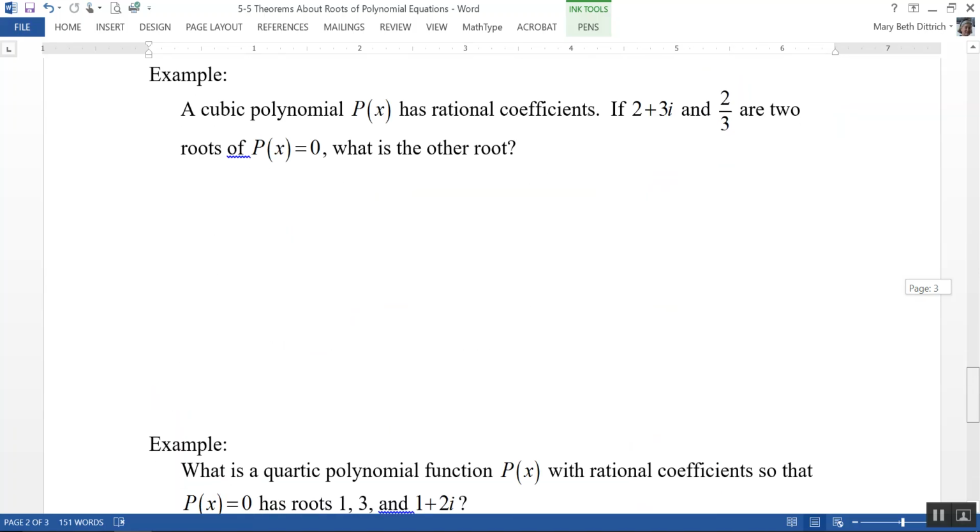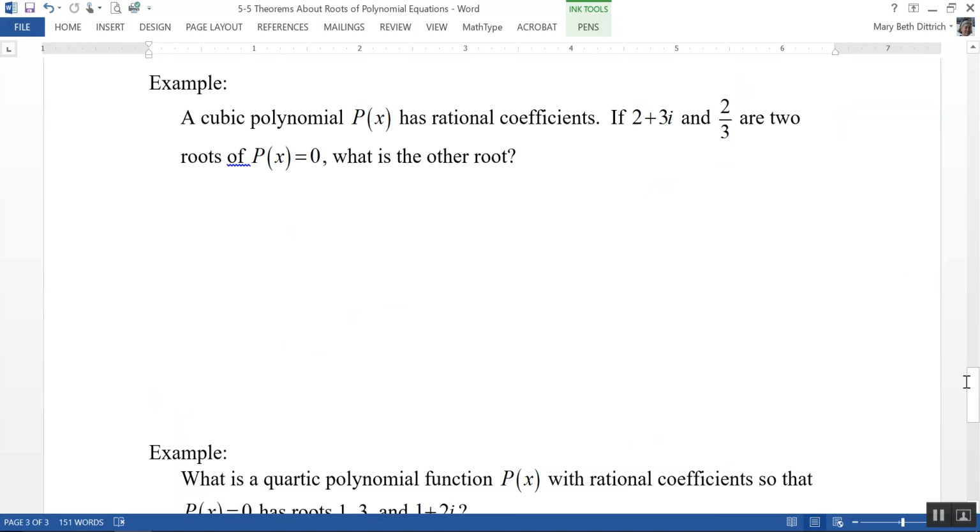So here's an example. A cubic polynomial, p of x, has rational coefficients. If 2 plus 3i and 2/3 are two roots of p of x equals 0, what is the other root? Since it's a cubic polynomial, I know there will be 3 roots. So I'm going to have one root that is 2 plus 3i.